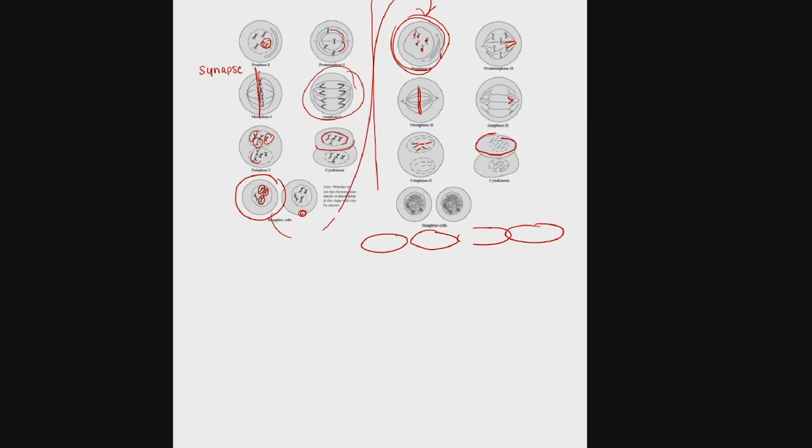We're talking about Meiosis One. I'm getting a little ahead of myself. So some gametes could have both X and Y. Some could have neither. And so if this went on to fertilize with an X, then the daughter cell that would be produced would look like this instead. This is a Y, because these were not able to separate.